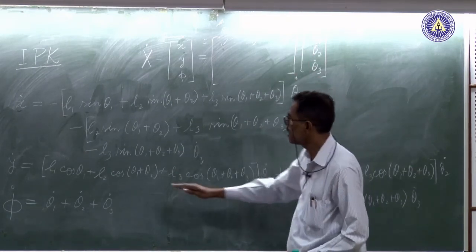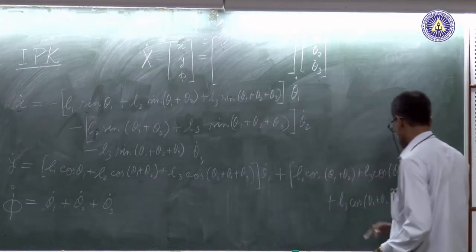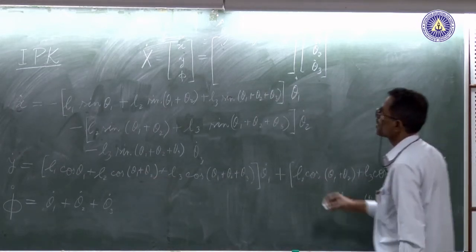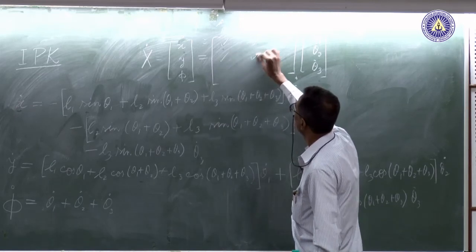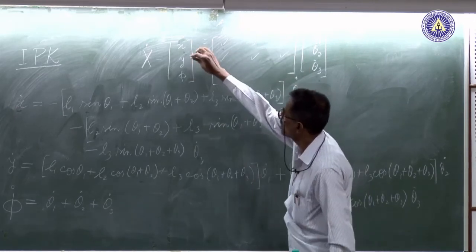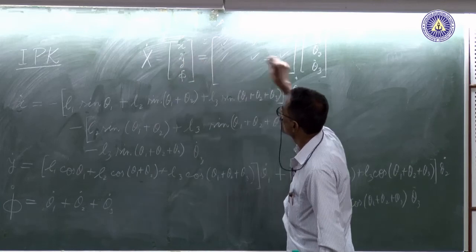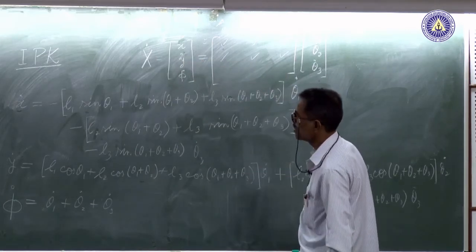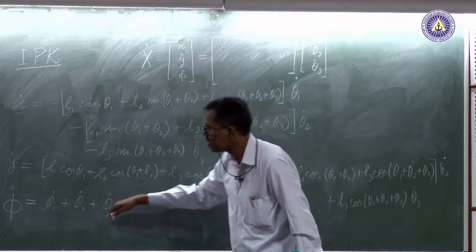Okay. Similarly, these three things when you put here, here, here, then the second row gives you y dot as the correct expression, and from here coefficients are visible.